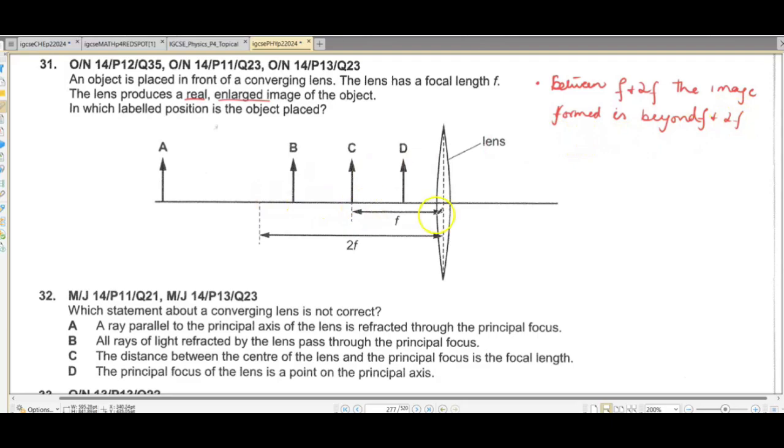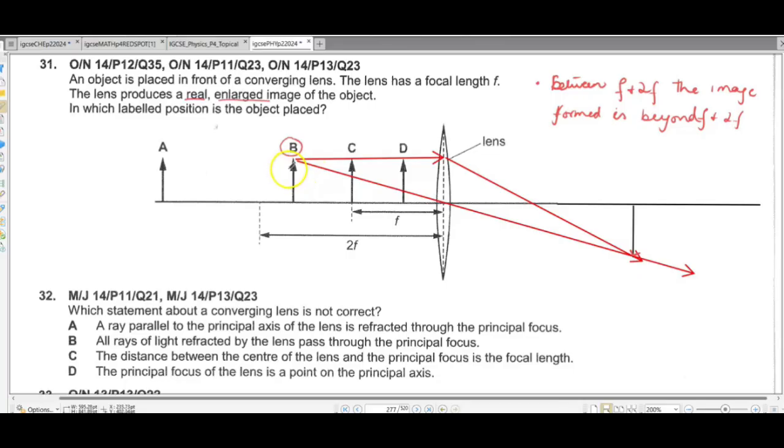So we will just look at our options. This is f, this is 2f, and B is the only option that lies between f and 2f. So B is going to be that option. Let me make the ray diagram for you so that you can see that the image formed over here would be enlarged and inverted and real as well.